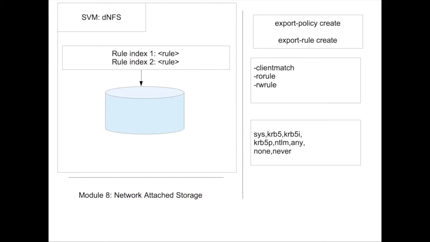Or if you want to take an easy ride, you simply say, I'm going to allow any of the security types that match. None means that if none of the other security types match, then we're going to map this user to an anonymous user for reading or for writing. And never simply blocks access.